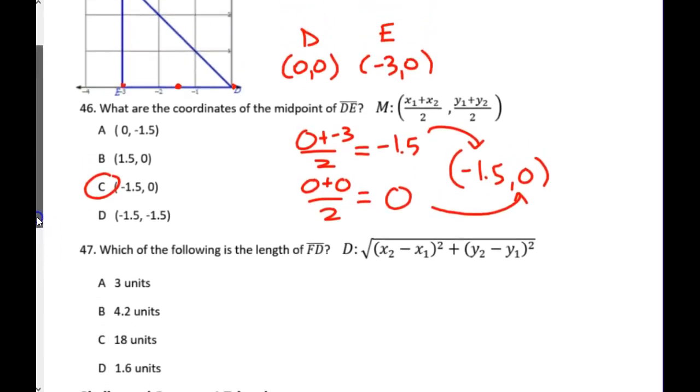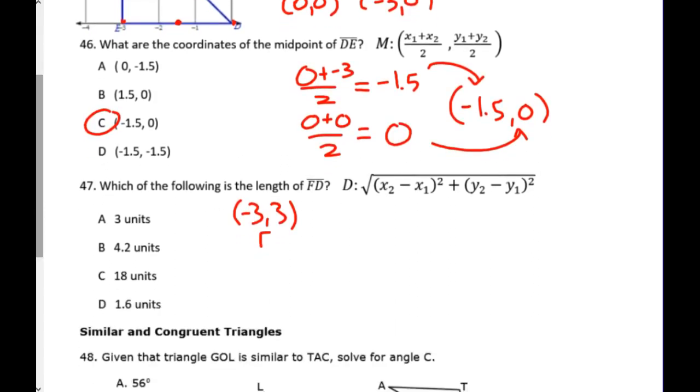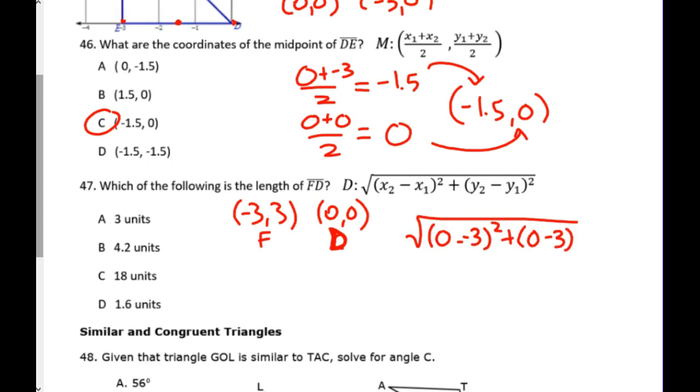And then we need the length of FD, so we need these points. F is -3, 3. And letter D is 0, 0. So, square root x2 minus x1, 0 minus -3 parentheses squared plus 0 minus 3 squared.